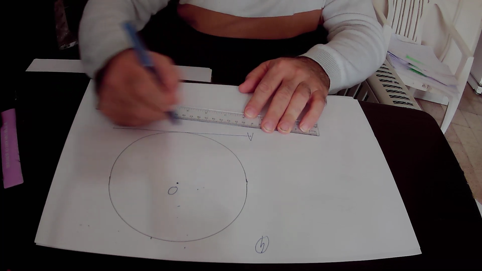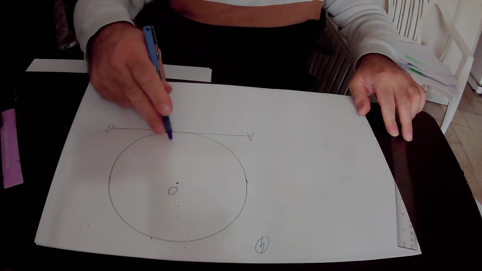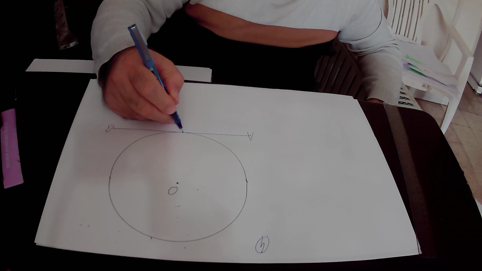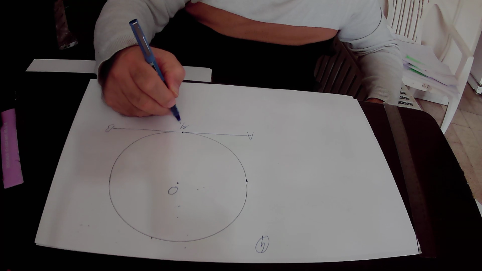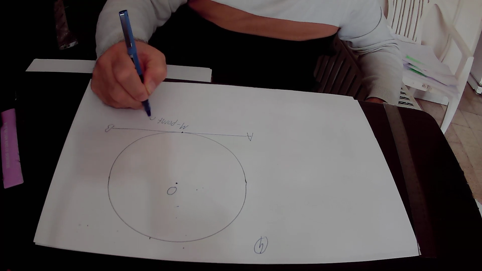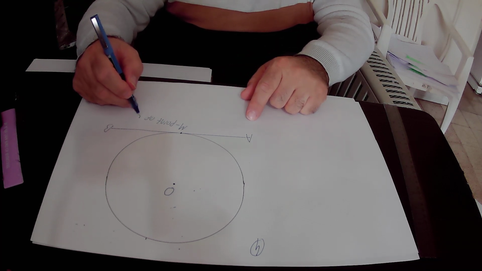Actually tangent AB. This tangent is tangent to this black circle at this point. We will define this point as point M. Point M is the point of tangency of tangent AB with the black circle.